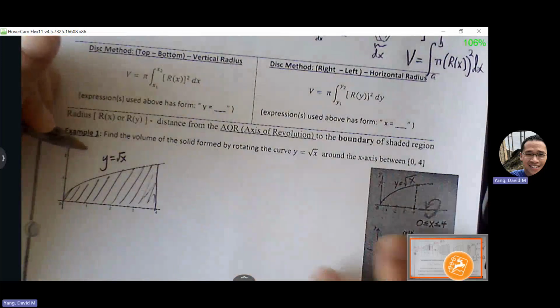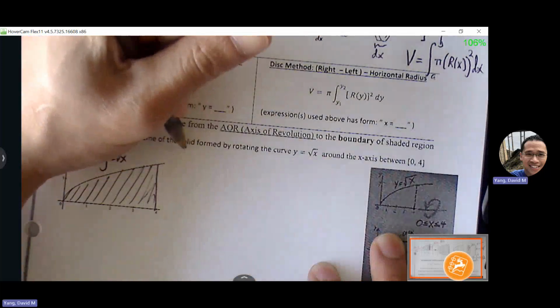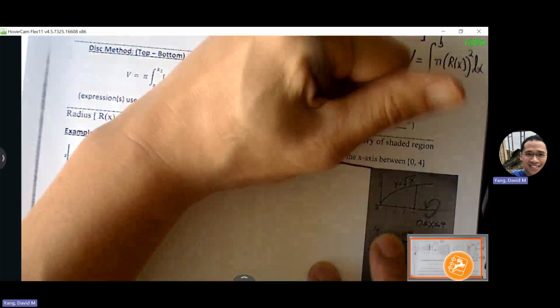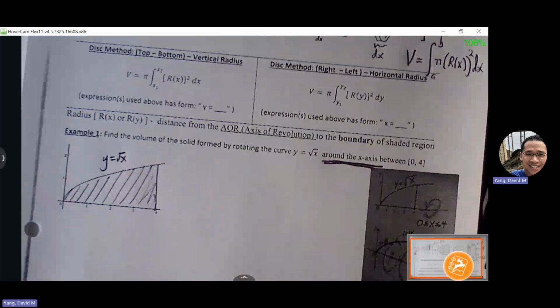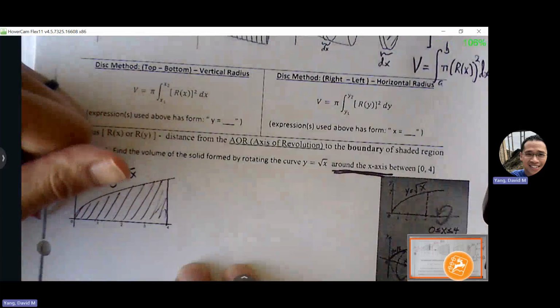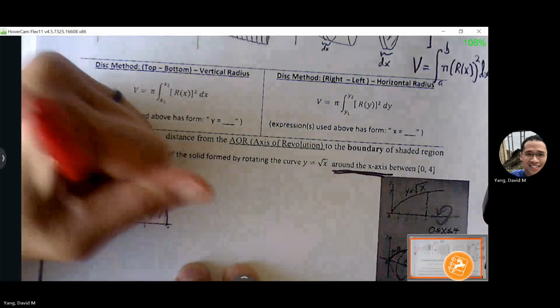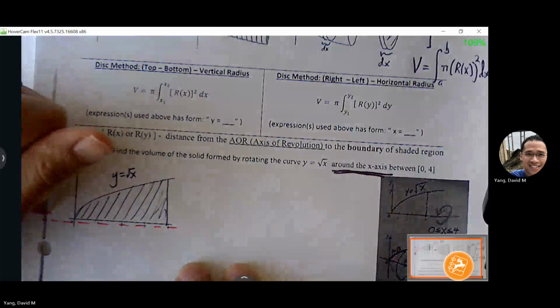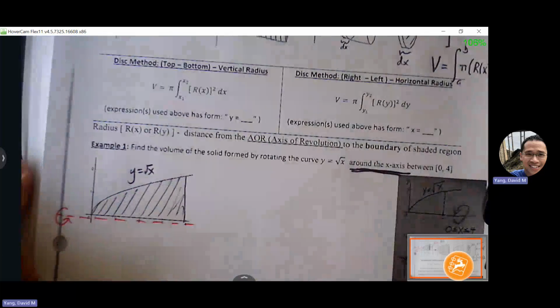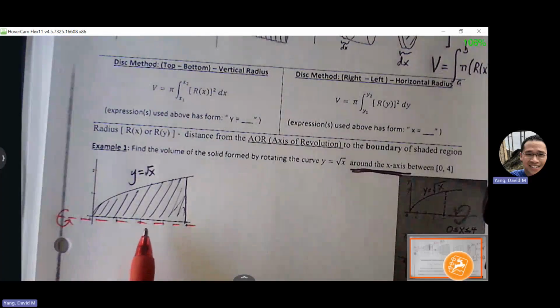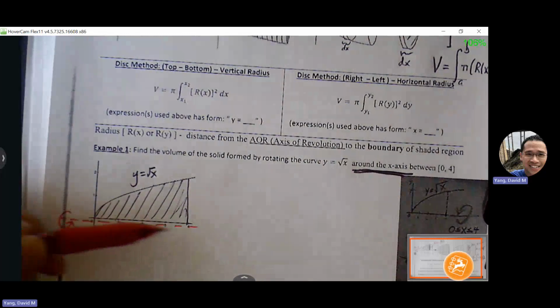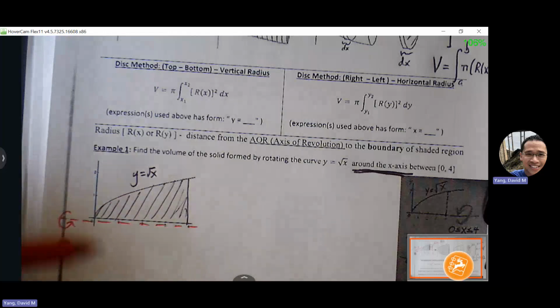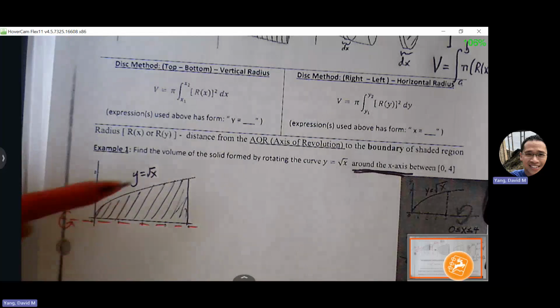So the first thing we want to do is make sure that we are rotating this around the x-axis. As a reminder, where our axis of revolution is, we're going to be putting it here. I want us to keep reminding ourselves that this is not the edge of the diagram. This is really the center, the new center of the object, because everything is going to be rotating around that center.